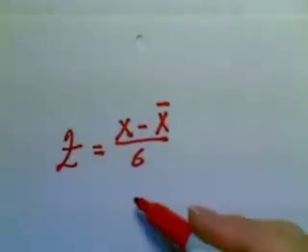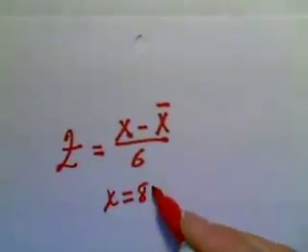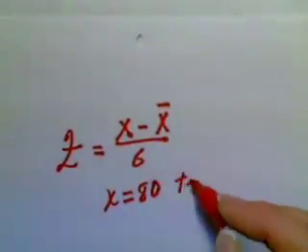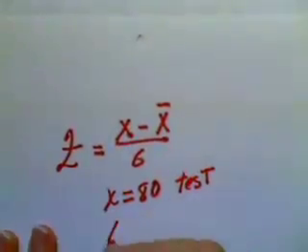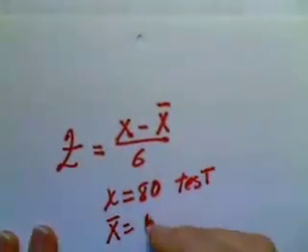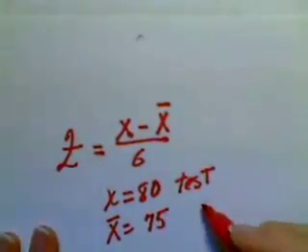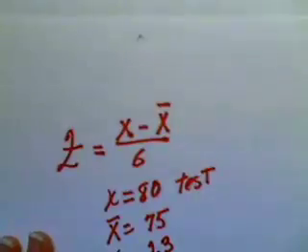So if you scored an 80 on a test, and the mean on that test was 75, and the standard deviation was 2 3/10.